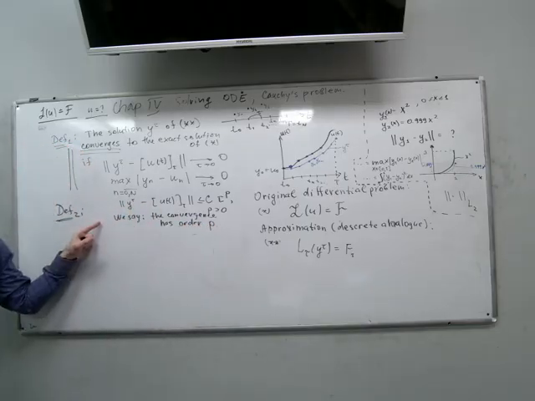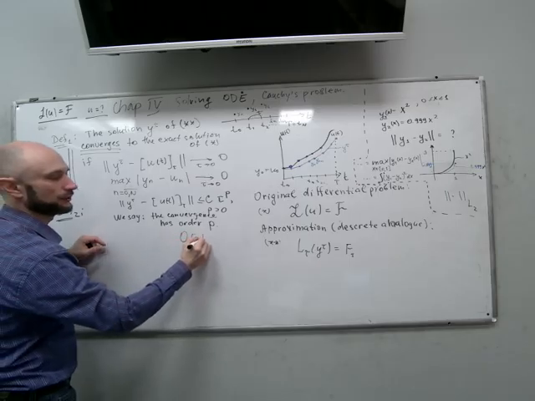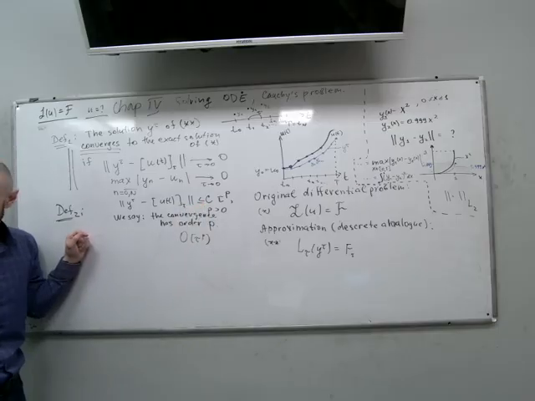This is what we mean when we say that some method or some approximate solution converges to the exact solution at order p. You remember I wrote O capital of tau to the power of p. This is exactly in terms of this definition.